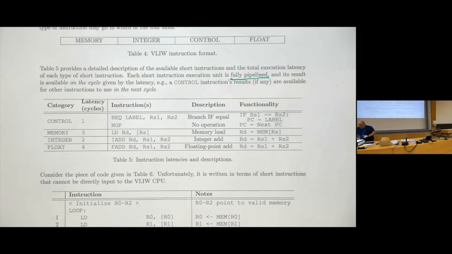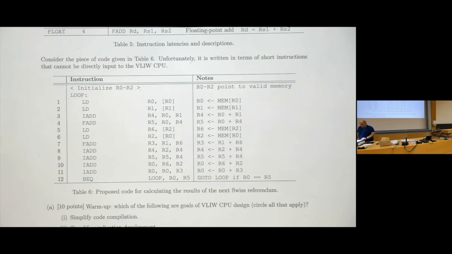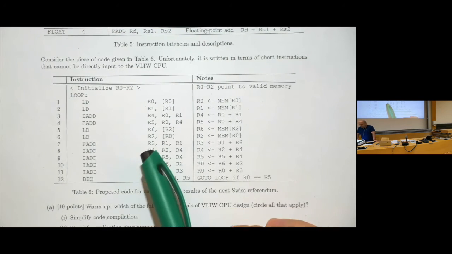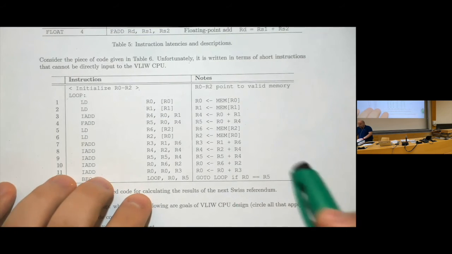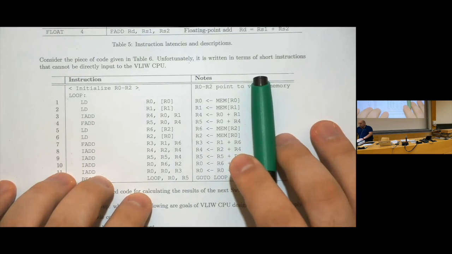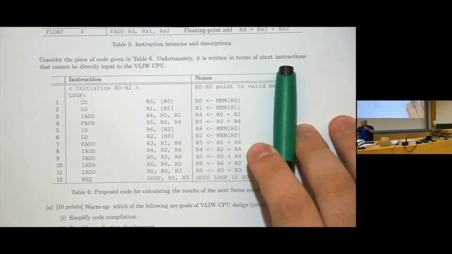So then we are given another table, this time with a piece of code. Unfortunately, you are going to be the compiler. So you know that this is the code that was generated from some application. However, unfortunately, this code contains a sequence of short instructions. So we cannot directly input these short instructions into the VLIW instructions, and that's going to be your job for today.